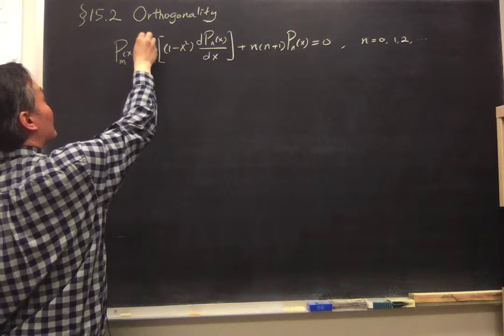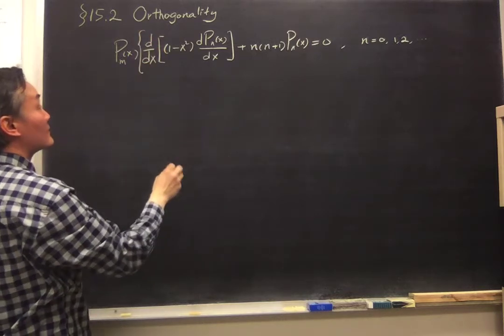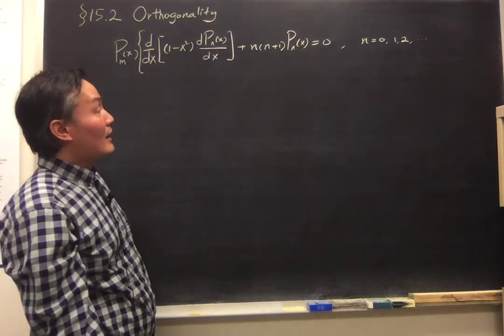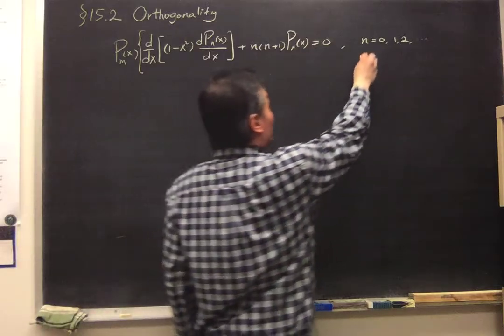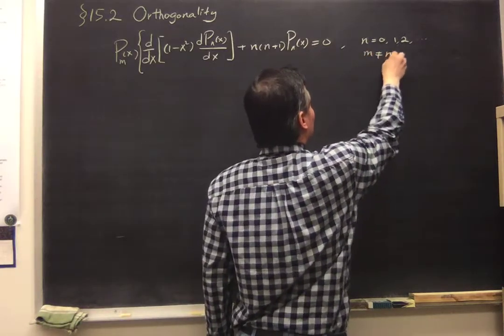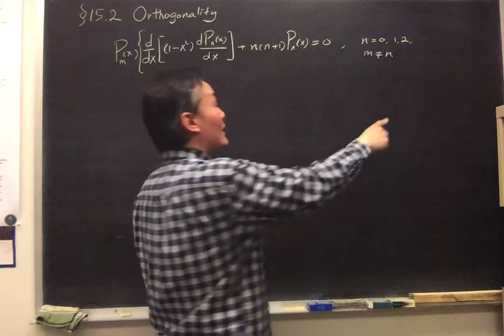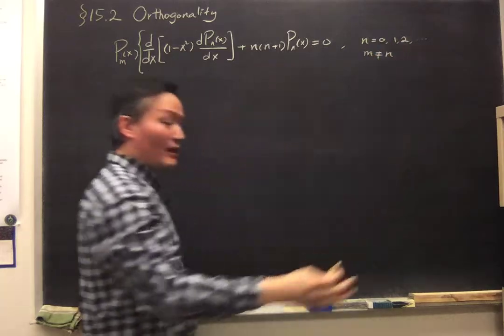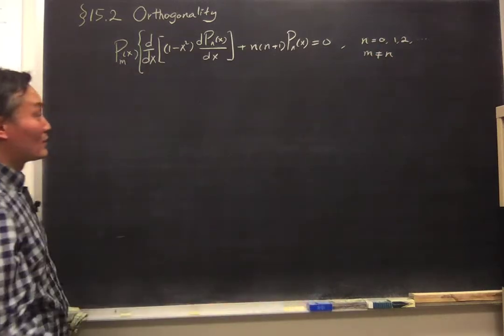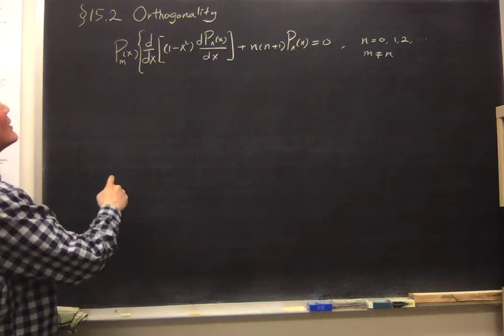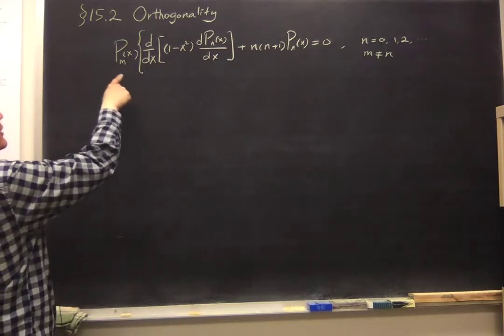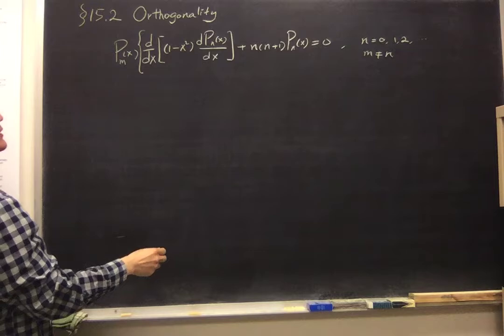Multiply the whole thing. Now m is not equal to n for this case first, and both m and n can be 0, 1, 2, 3, positive integers and 0, but consider the case first where m is not equal to n.